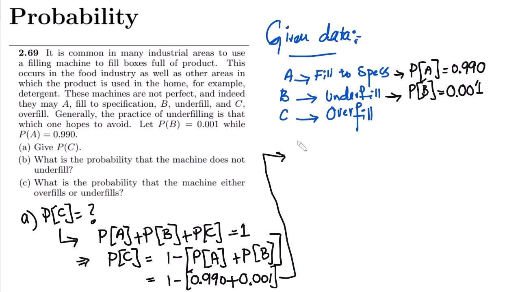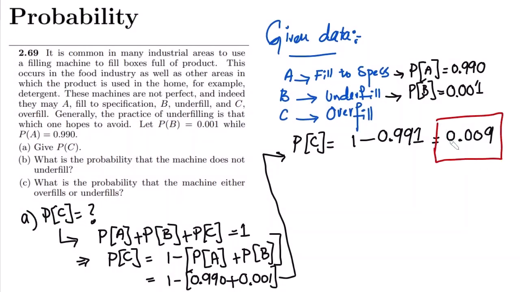So probability of C would be 1 minus 0.991, or ultimately I will get 1 minus 0.999, so I will get 0.009. Okay, so that is the answer of part A.